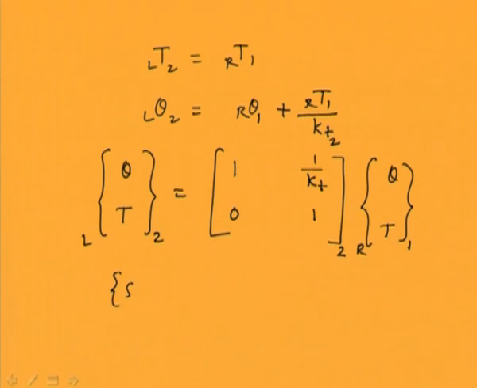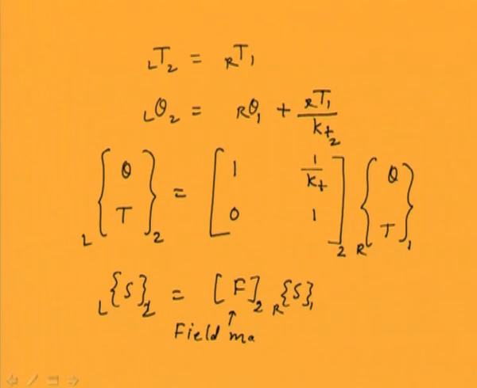So this equation can be written in a more compact form as F, which is the field matrix. This is the field matrix. Okay. So the field matrix is relating the state vector which is there in the right of disk 1 to the left of disk 2.